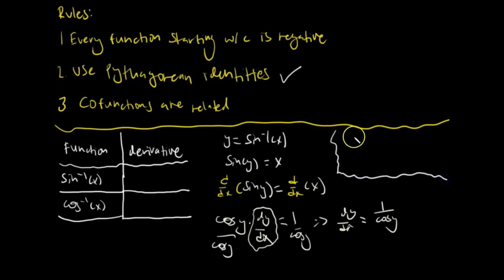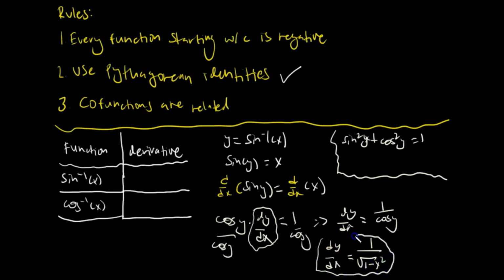The one we're going to use here is the fact that sine squared y plus cosine squared y equals 1. If we apply that to this example, we have dy dx equals 1 over the square root of 1 minus x squared. And that's the derivative of sine inverse. So 1 over square root of 1 minus x squared.